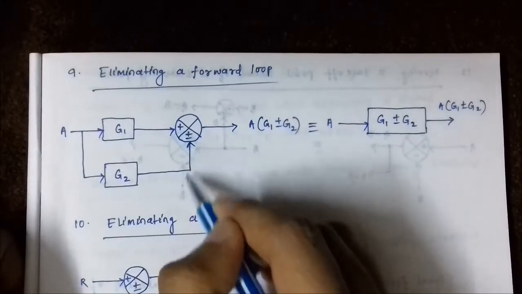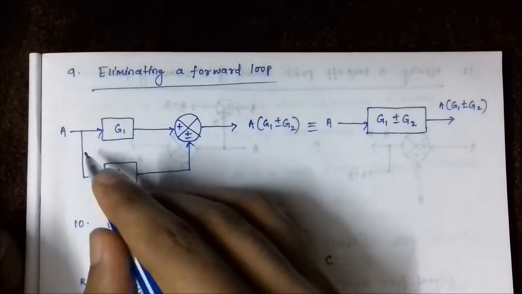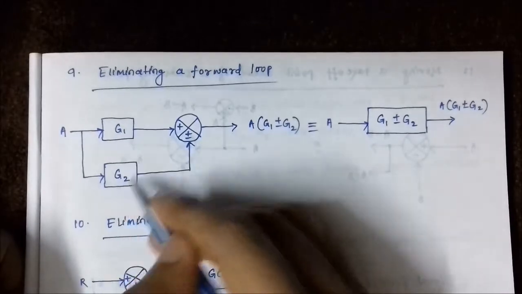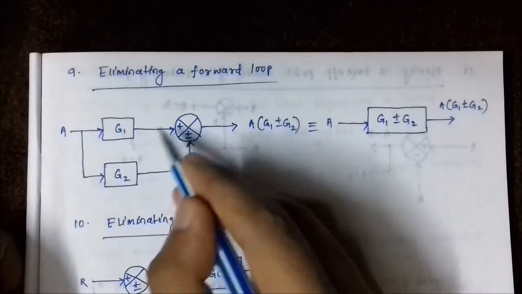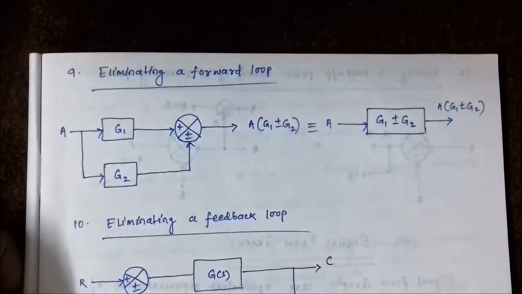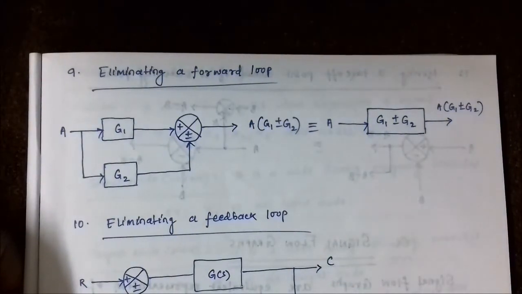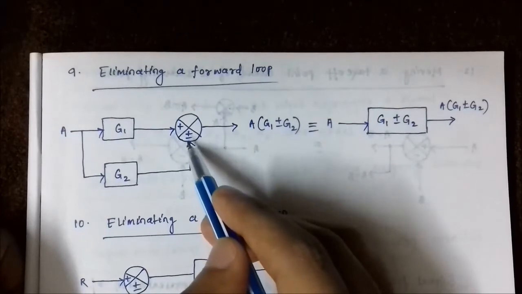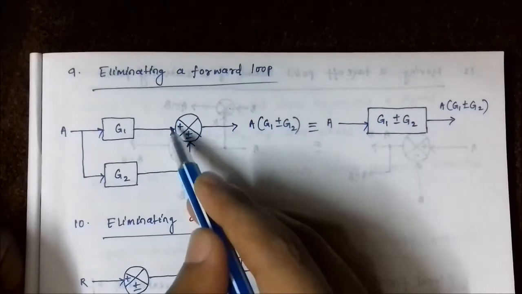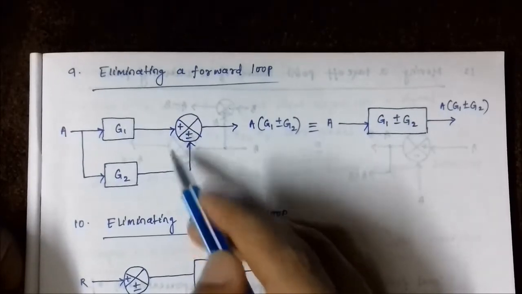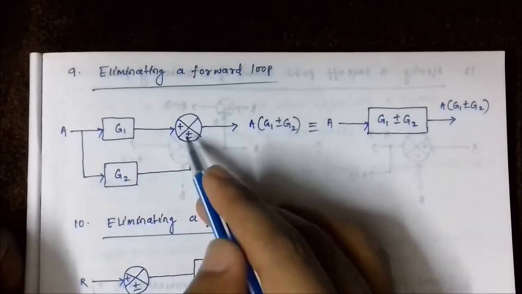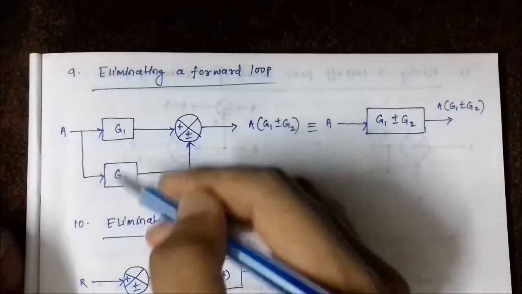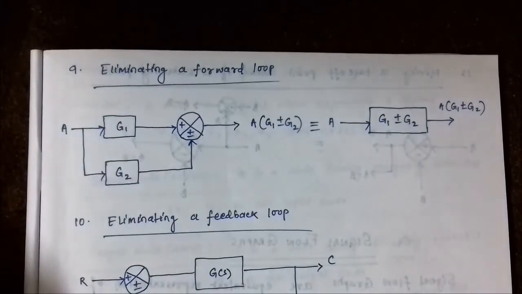Don't think of it as feedback; this is a forward path, there are two forward paths. So whenever you find a connection like this, just take note of the sign convention at the summers and put the notations as they are, and just add or subtract the gain of the forward blocks.